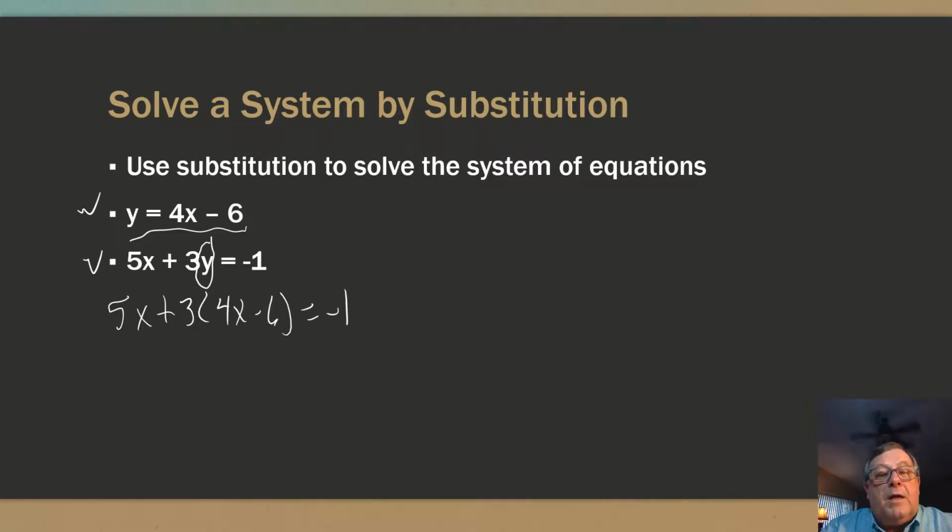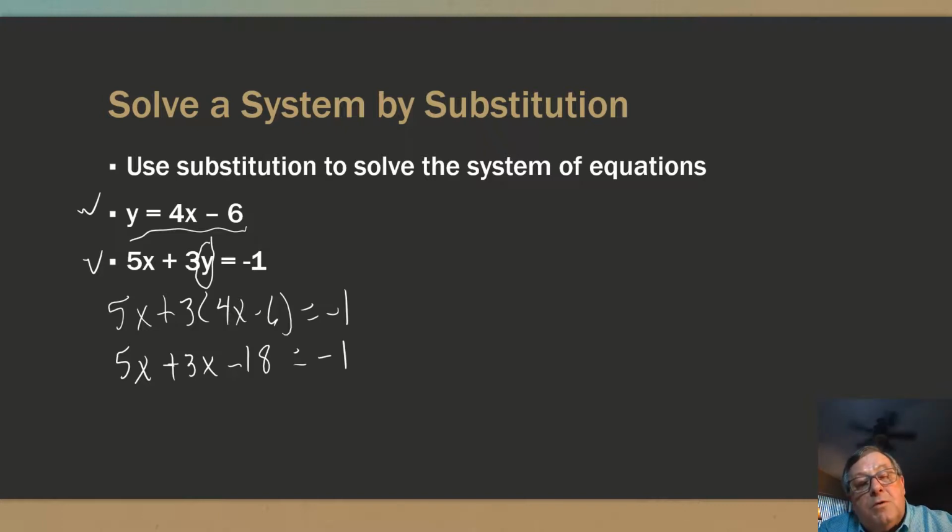And so then algebraically, I want to distribute the 3 to the 4x minus 6, so I get 5x plus 3 times 4x, which is 12x, and 3 times -6 is -18, watch your signs, equals -1. All right, so I can combine the 5x and the 12x, and then we'll have 17x minus 18 equals -1.